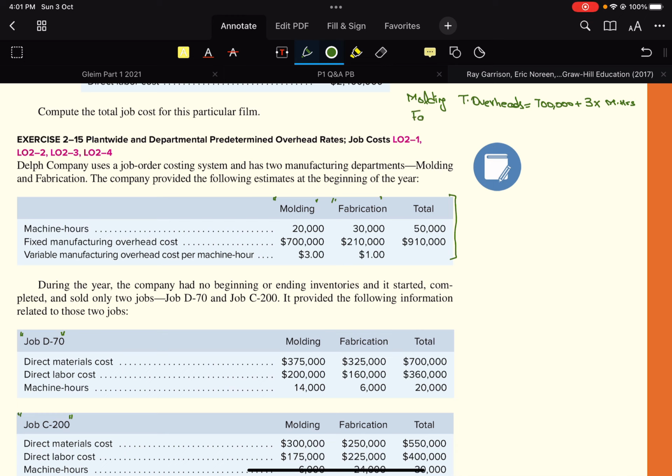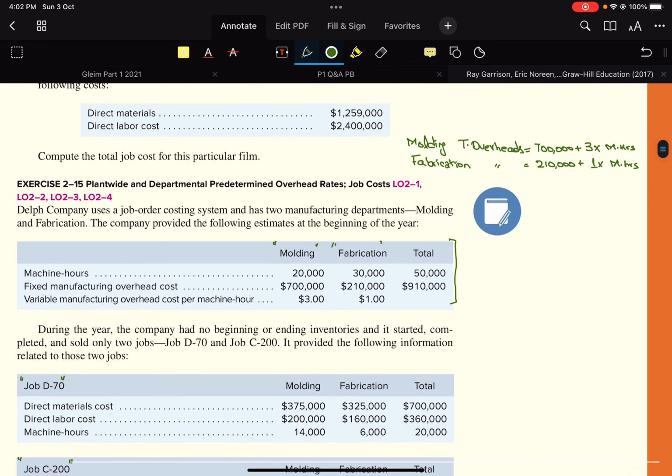For fabrication, total overhead is going to be equal to 210,000 plus 1 into machine hours.